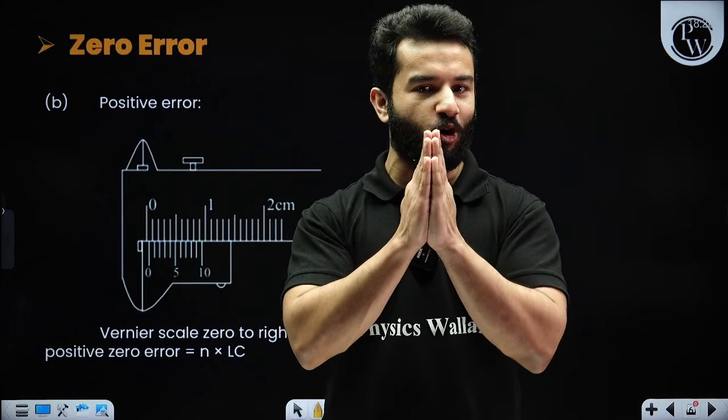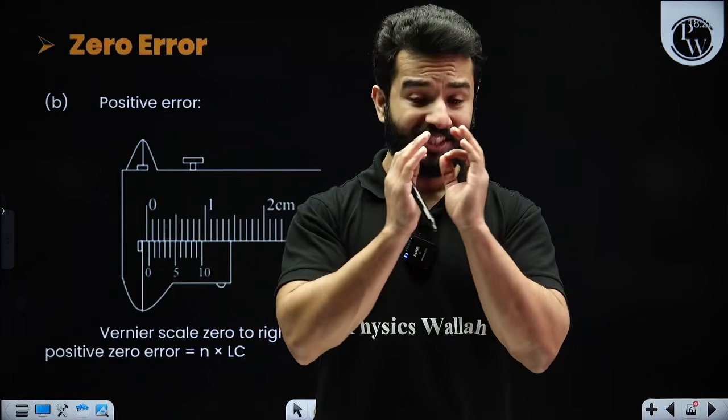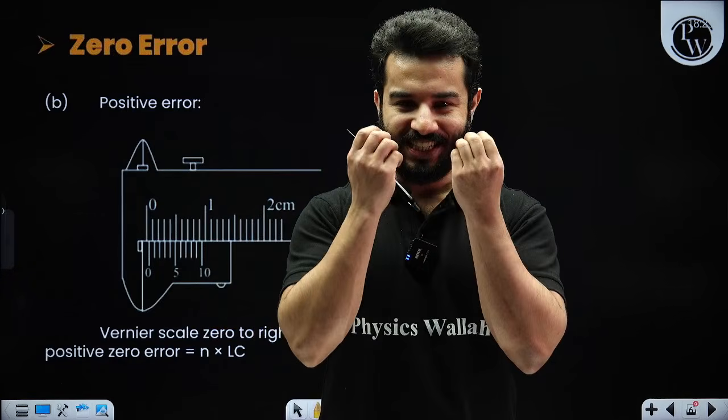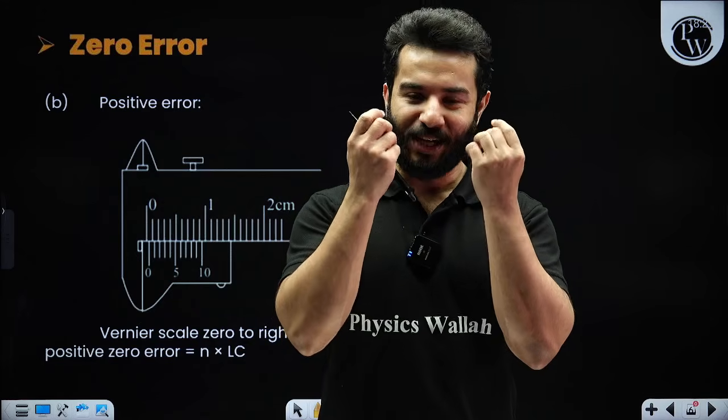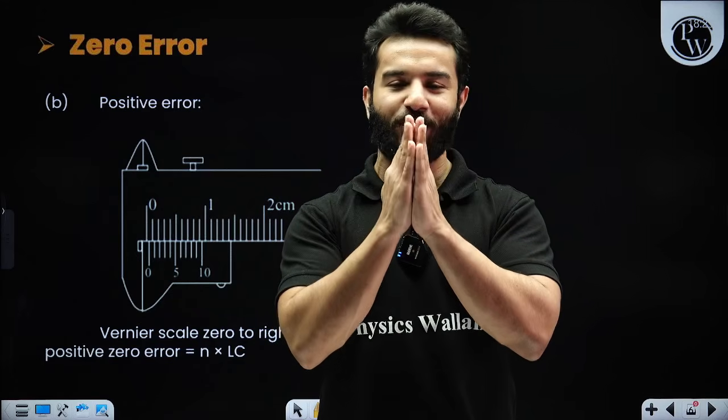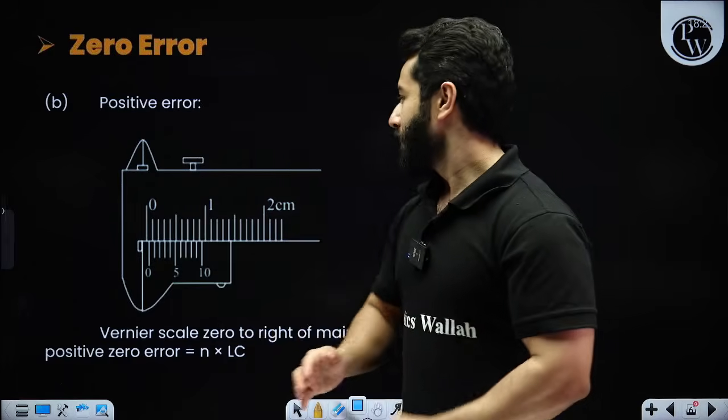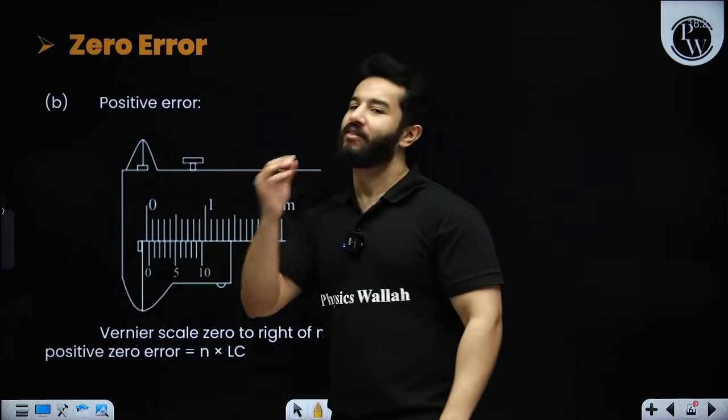joined the jaws of the Vernier caliper. There is nothing in between them. There is not even a thread in between the two jaws, but still the Vernier caliper is giving some reading.